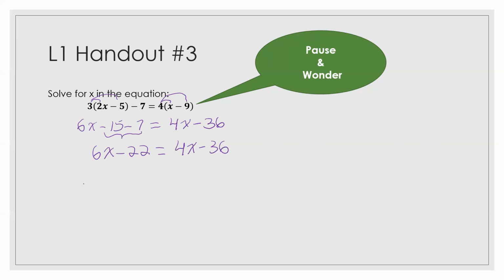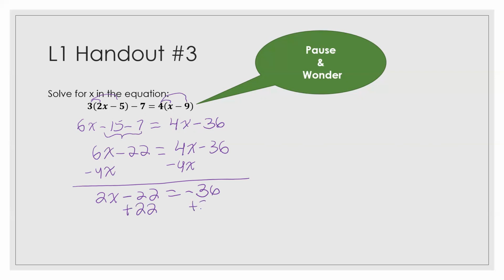We have learned from the last problem, so we will go ahead and minus 4x from both sides. That will give me 2x minus 22 is equal to negative 36. To undo subtraction, we will add.